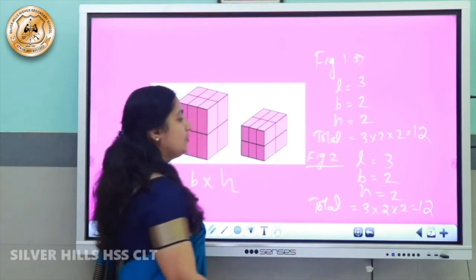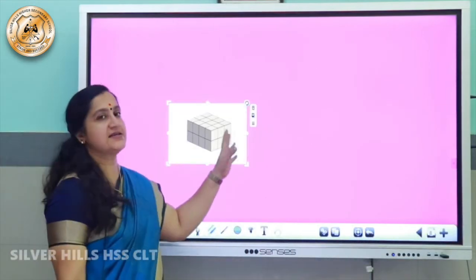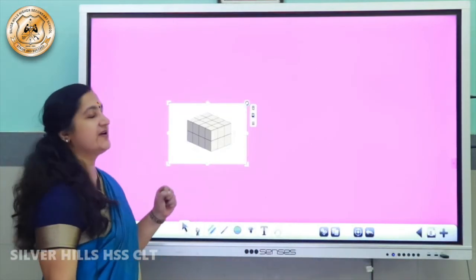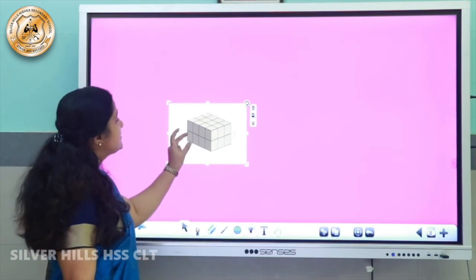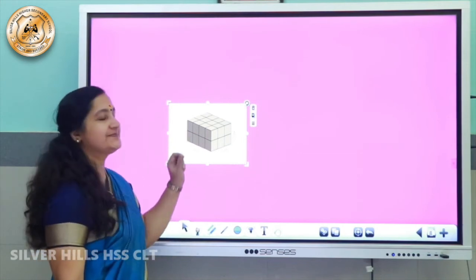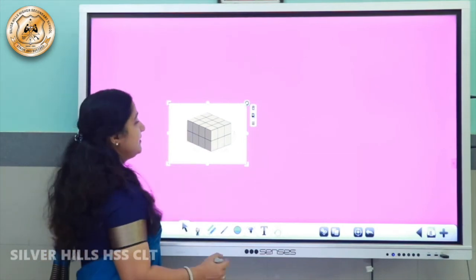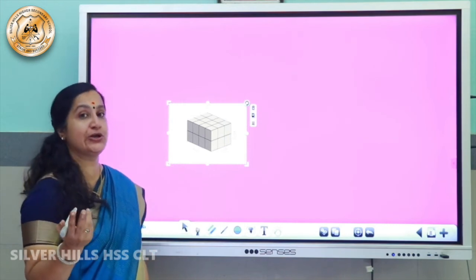Okay. Now, look at the other figure. Here see, children, in this figure, instead of the rectangular block, small cubes are stacked. So, here the cube of 1 centimeter, you know what is meant by cube?